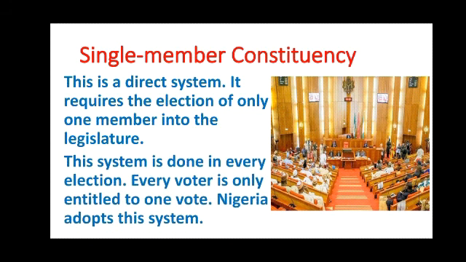Again, the system is done in every election. For instance, in Nigeria, we operate the single member constituency where just a member is voted from each of the constituencies. You can see the picture showing the House of Senate and the districts where these members are from.